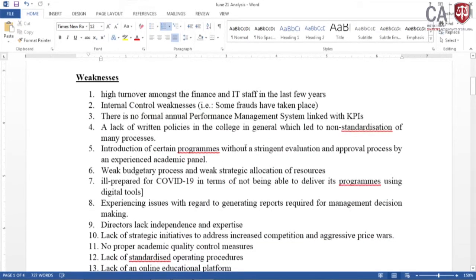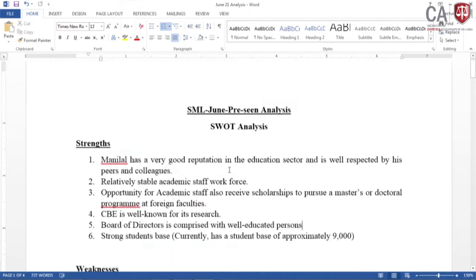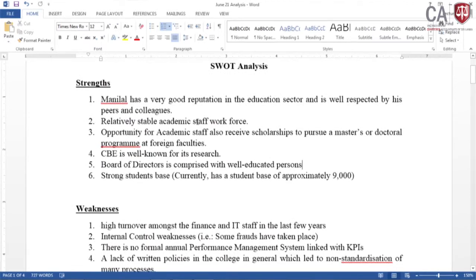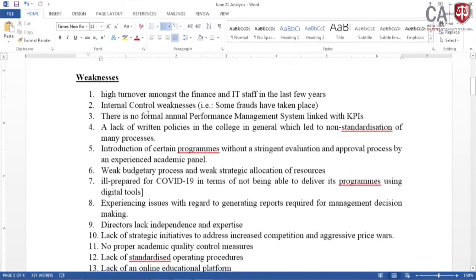What are the weaknesses? High turnover among the finance and IT staff in the last few years. That was given, no? Even though academic staff retained was identified as a strength, a relatively stable academic staff workforce, there is a high labour turnover related with finance and IT staff.